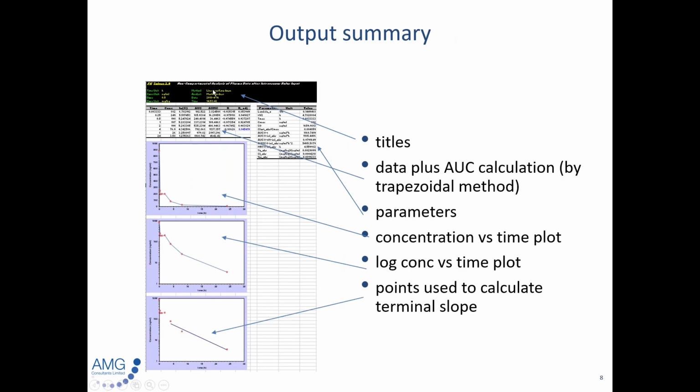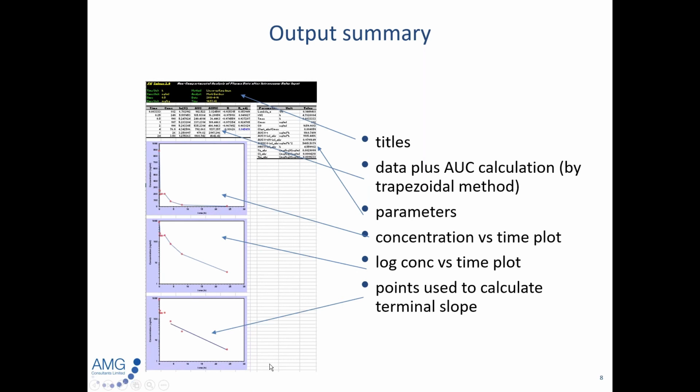So a bunch of titles reminding you what choices you'd made, the parameters, the raw data, and 3 graphs, so that you get a concentration time plot. You get the same thing but in a log concentration, and then the final panel shows the points used to calculate the terminal slope.